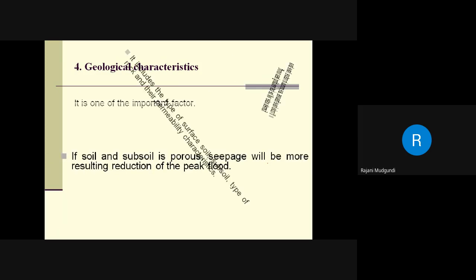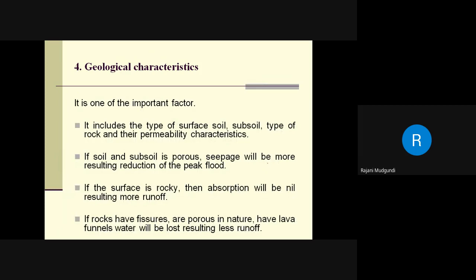Then geological characteristics related to soil nature. This is also one of the important factors affecting runoff. It includes the type of surface soil, type of subsoil, type of rock and their permeability characteristics, whether the soil has the ability to hold the water or allow the water to pass through it. That is related to permeability.